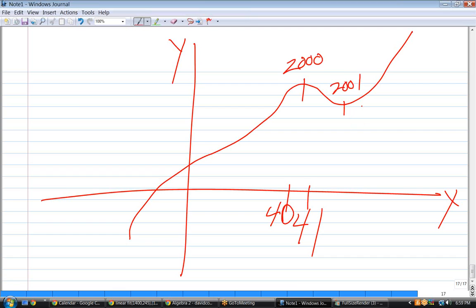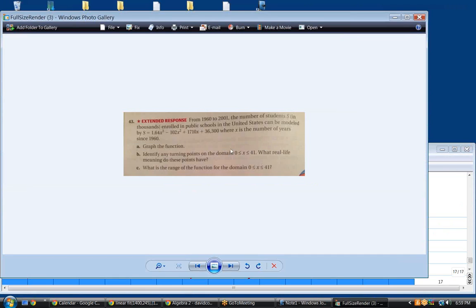And then from 2001 through current, it increased again. So that's what that would mean. Now, I don't know that 2000 and 2001 are the right numbers. I don't know that at all. You'd have to graph this function. Once you graph it, you'll know where the thing turns.